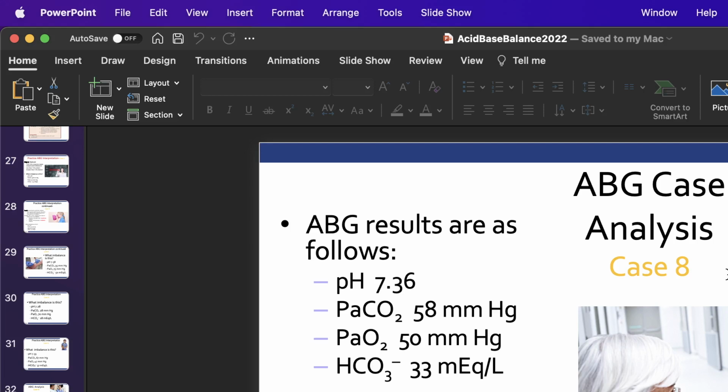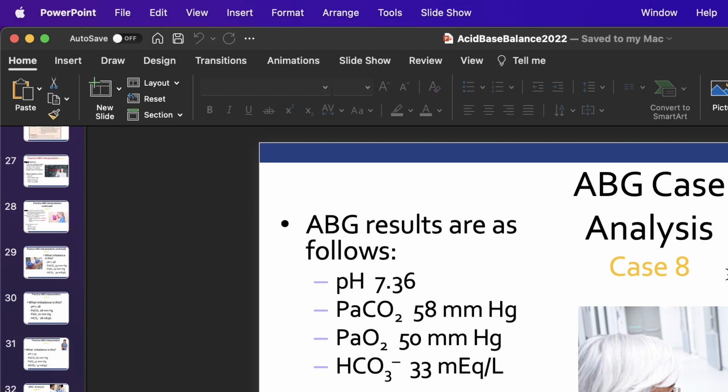What matches it? The respiratory. So this was a respiratory acidosis, but guess what? It's fully compensated because the pH is within normal limits. So when you have gases like this, go midway between 7.35 and 7.45, which is 7.4. Anything less than 7.4 falls on the acid side, anything greater falls on the base side.